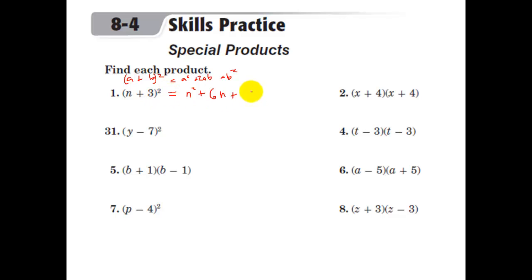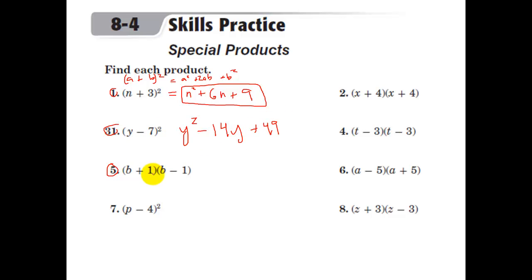So I have 3 squared, which is 9. So very easy. Let's try the next one. This is a difference. So I have y squared minus 2ab, so 2 times y times 7 is 14y plus 49. Be careful, the last term is positive because it's a negative 7 squared. A negative number times a negative number is always positive.